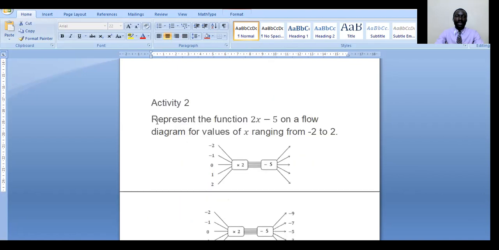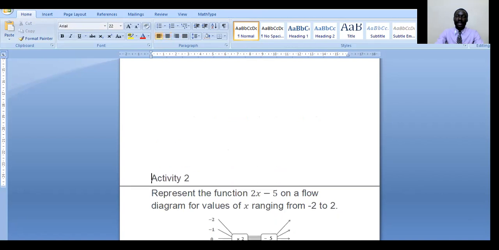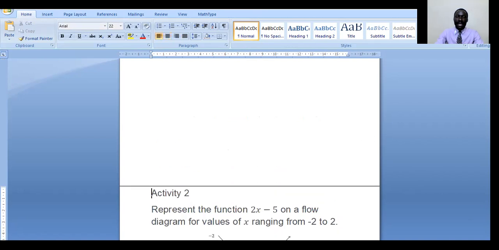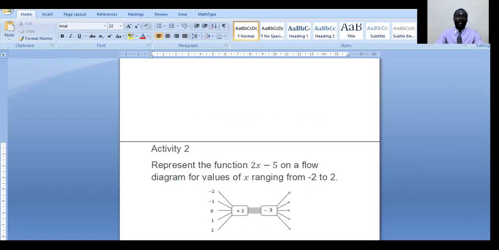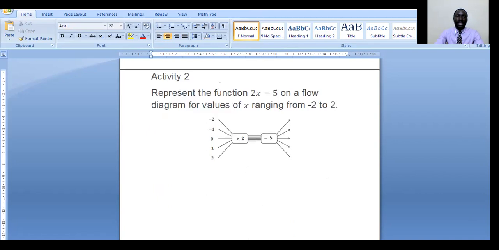The second activity right here is saying we represent the function 2x minus 5 on a flow diagram for values of x ranging from -2 to +2. Now notice that x starts from -2 and we already have it on the diagram here.